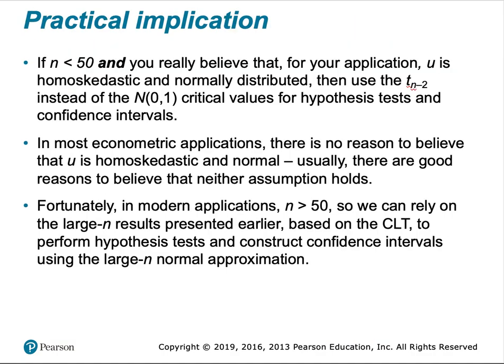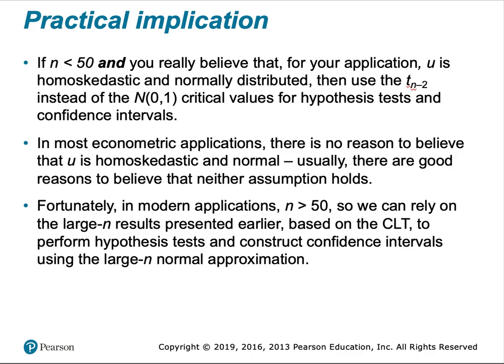If we think practically, if our sample size is small and you believe that for your application the OLS residual is homoscedastic and normally distributed, then use the student's t-distribution instead of the standard normal critical values for hypothesis tests and confidence intervals.